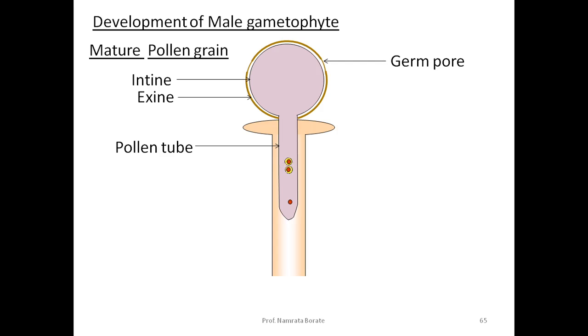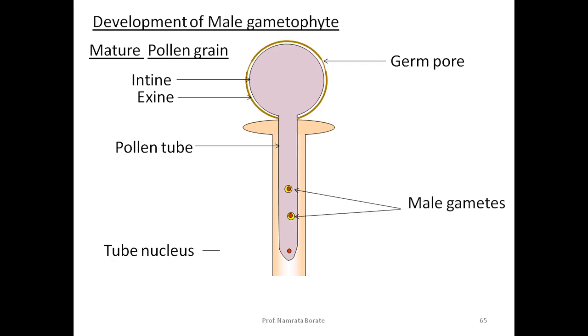So a typical male gametophyte contains one tube nucleus and two non-motile male gametes.